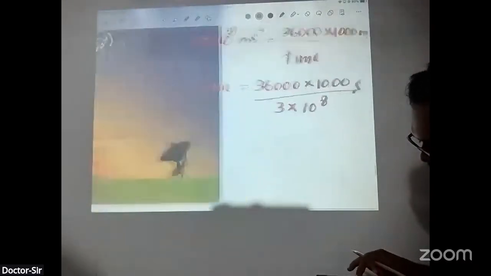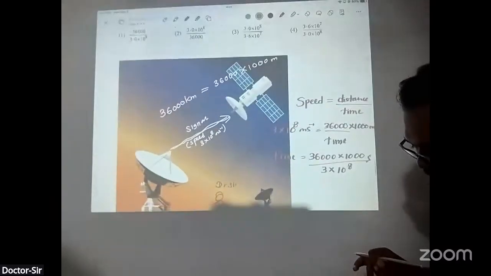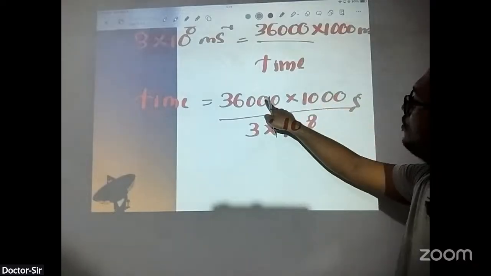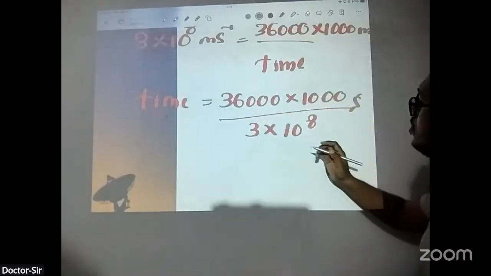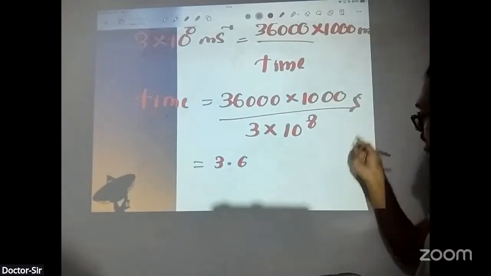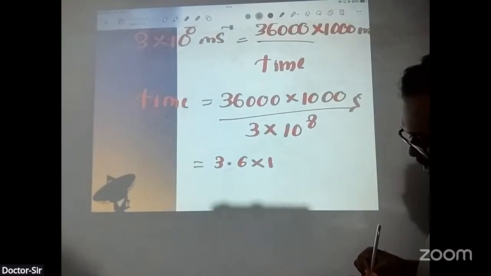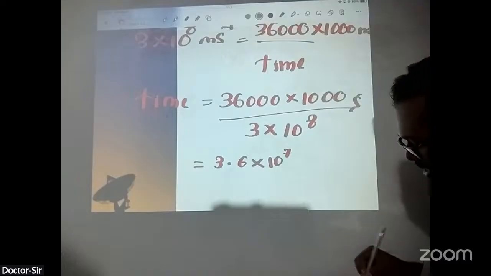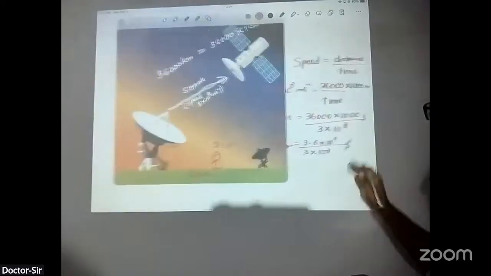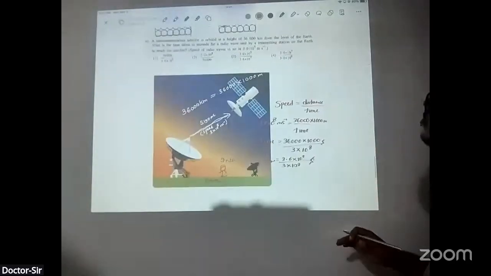Now how many zeros are here? 1, 2, 3, 4, 5, 6. Then I will convert it to 3.6, so I can take another 0, so it will be 10 to the power 7, divided by 3 multiplied by 10 to the power 8. Right, so this is the time in seconds. This is what they are asking here. Now see the correct answer.